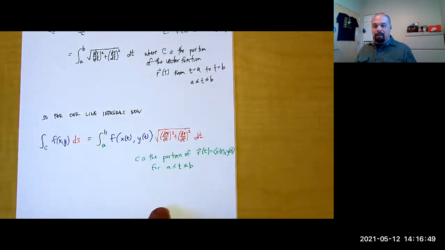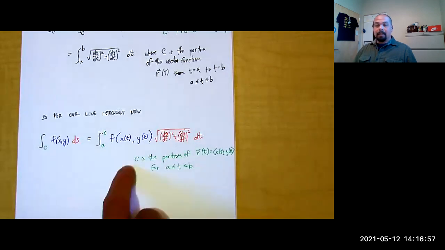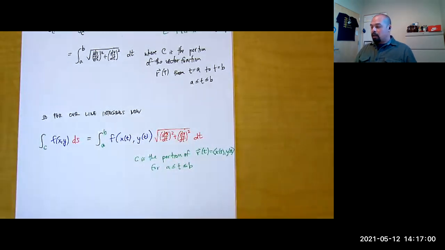A big one we do is doing half a circle, that semicircle, where x is going to be cosine t, y sine of t, right? Even if we do a parabola, if it's the curve y equals x squared, let x equal t, y is going to be t squared. Just building up those equations for that curve we're following.